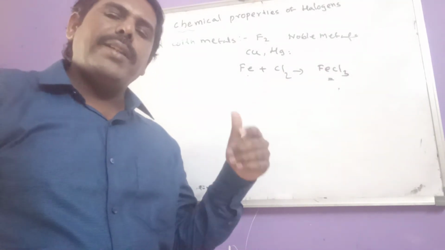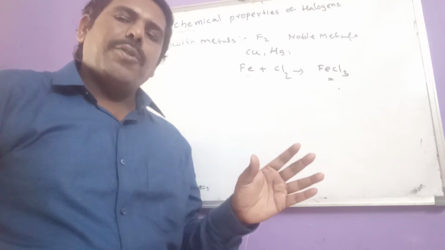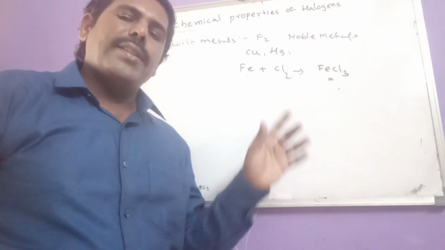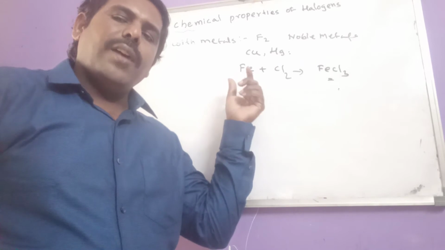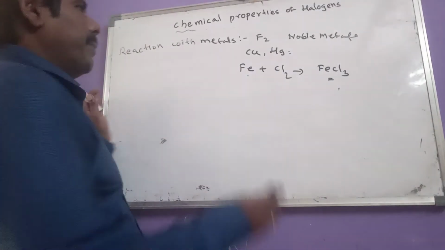So high oxidation state compounds are produced by halogens in reaction with metals. This is an important thing we have to remember.